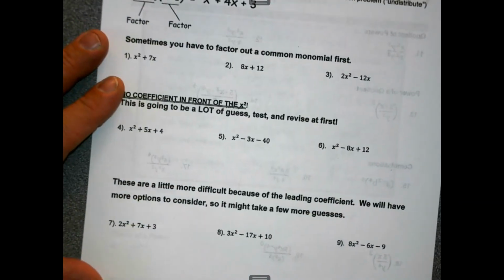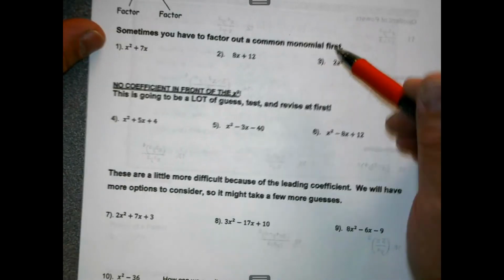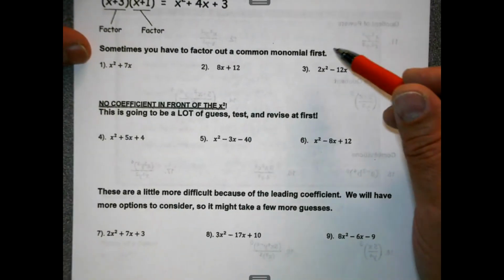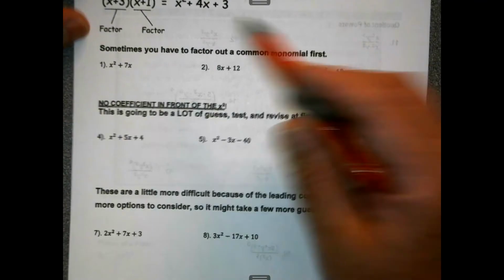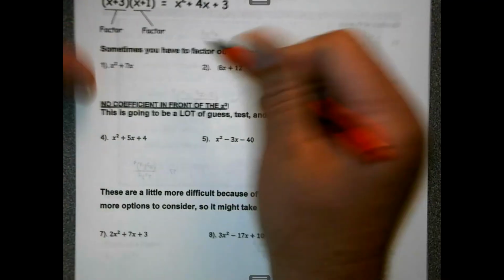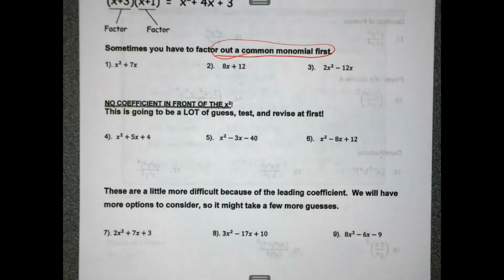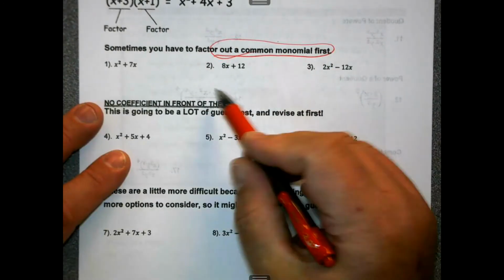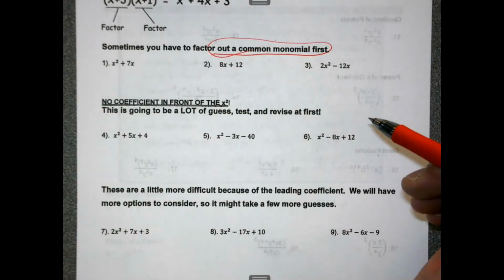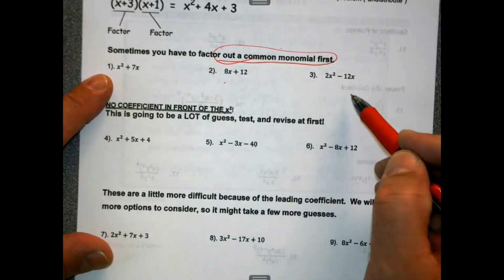Now, we started factoring before the quiz, right? Last week, and we did the common factors. That was on the quiz, where we had to determine if there were any common factors in the terms. We did binomials.